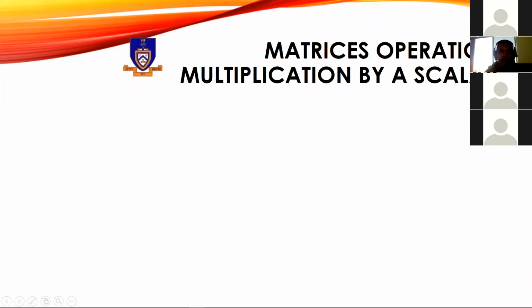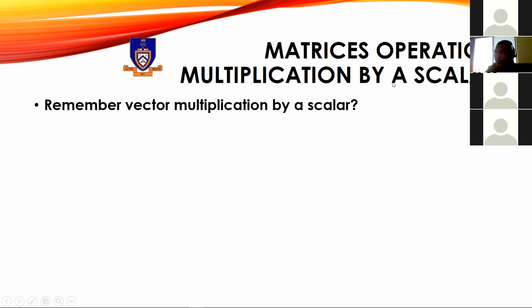So continuing, matrix operations, multiplication by a scalar. So now we are looking at multiplication by a scalar. So remember vector multiplication by a scalar. We have done this activity before, and we said that the same rules apply here as well, okay?